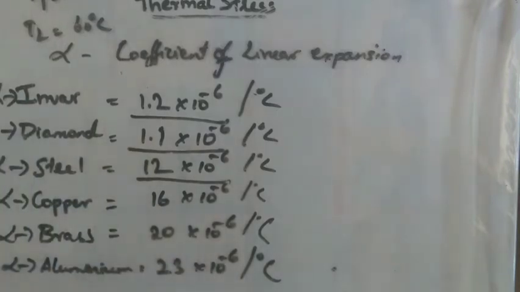This is invar. Now I'm asking a question: among these materials, which has the lowest coefficient of linear expansion? Diamond. Diamond has the lowest coefficient of linear expansion among all materials, but diamond is not a metal.